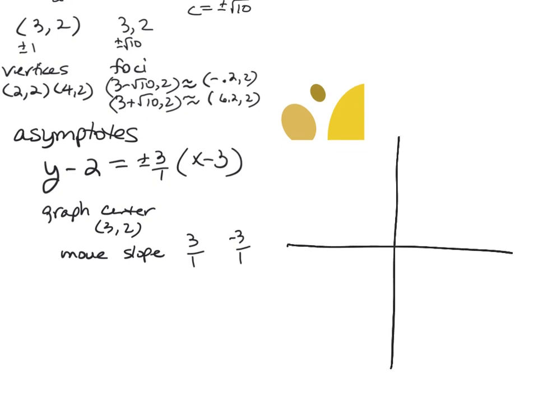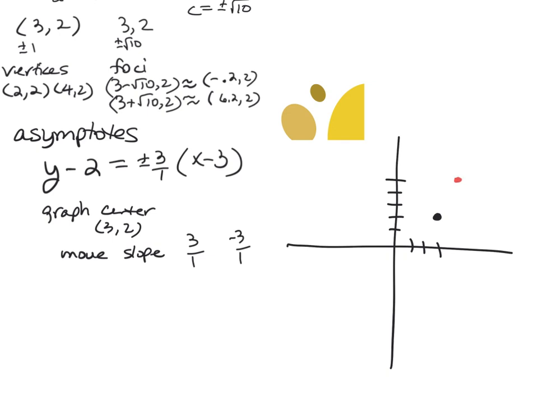So again, let's graph the center point first. It's at +3, +2. To get the asymptotes, from that center point, I'm going to rise 3 and run 1. So let's see. 1, 2, 3, and then over 1.